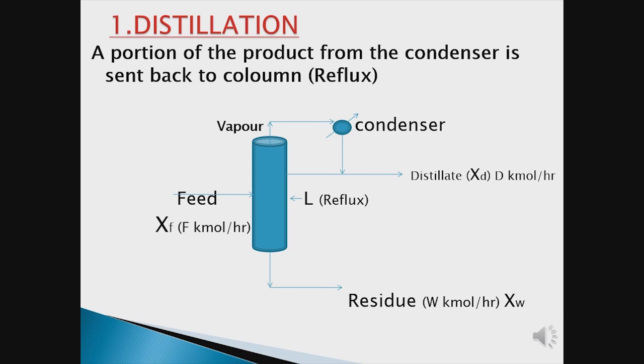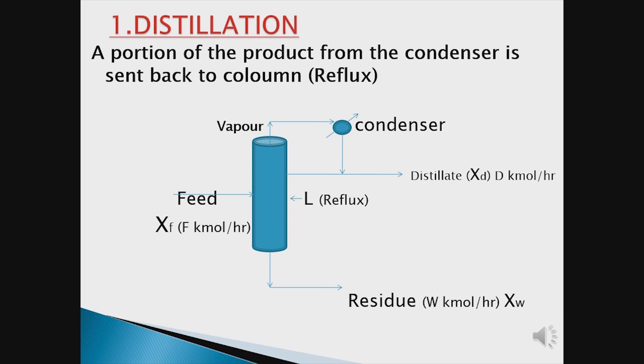It is the product. From the reflux it is again changed to vapor, and it goes back to the condenser, and if it again contains any liquid, it is sent back to the distillation column. This process continues until the vapor contains no amount of liquid in it.